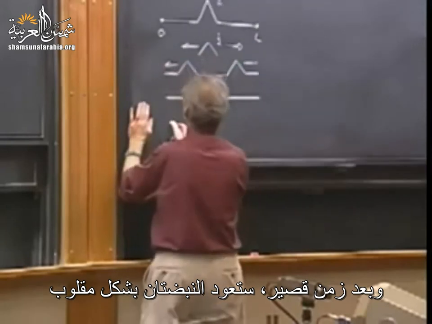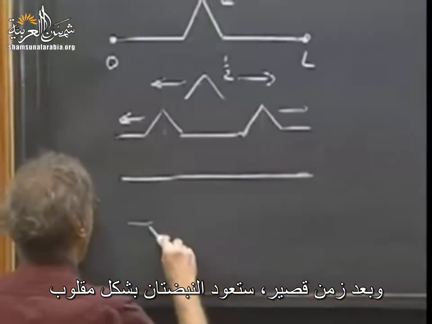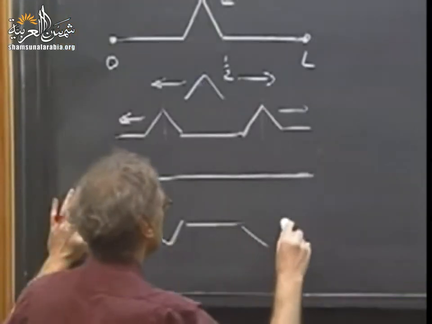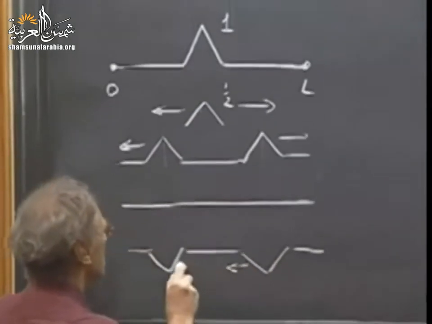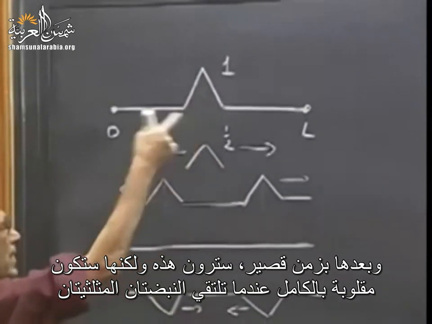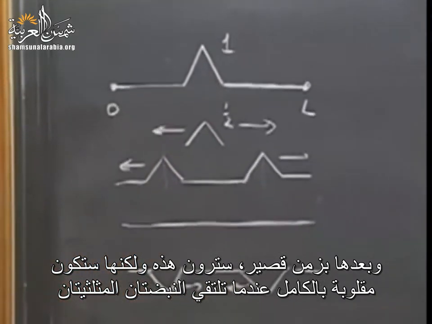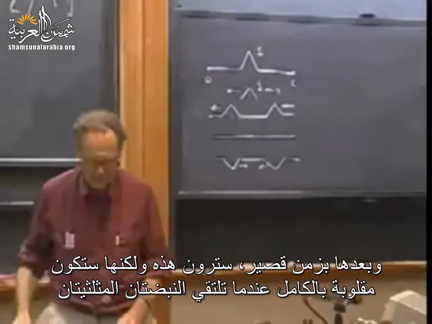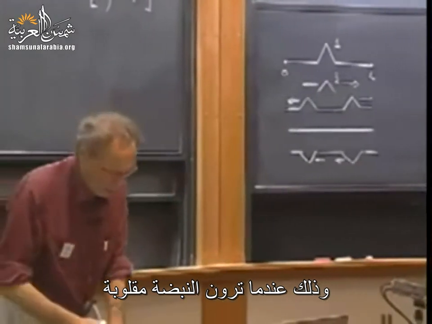And then a little later in time, they will be on their way back. And then a little later, you will see this one, but completely flipped over, when these two triangles meet each other. That's when you will see the thing upside down.